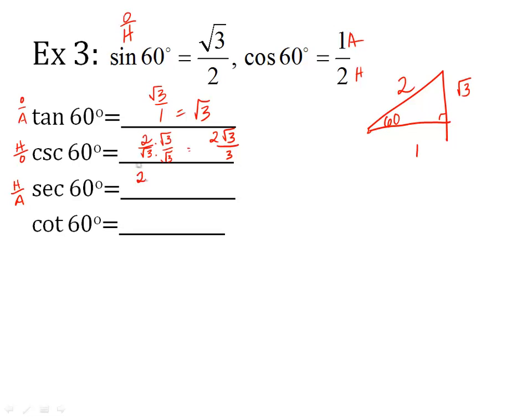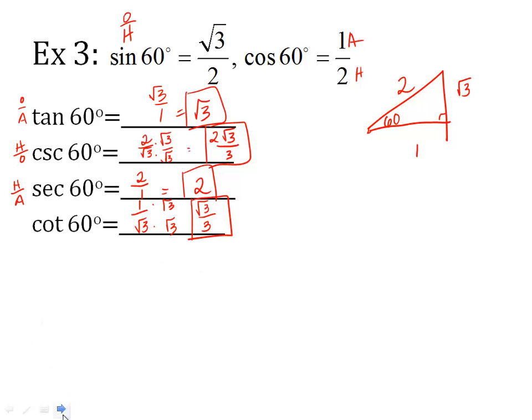So then the hypotenuse is a 2, adjacent is a 1, so that means my secant is a 2. Get my answers here very clearly boxed. And then cotangent. Okay, well, we just said that tangent over here is square root of 3 over 1. The cotangent's the reciprocal, so it's 1 over the square root of 3, which requires rationalizing. So I get square root of 3 over 3. All right, now I've found all 6 trig functions.